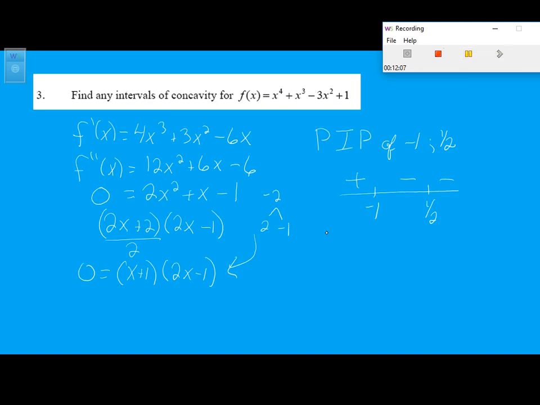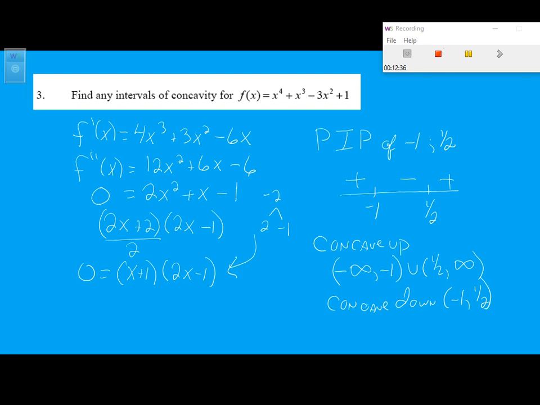So it looks like my intervals of concavity: we're concave up from negative infinity to negative 1, along with 1/2 to infinity, and we're going to be concave down on the other, negative 1 to 1/2. So guys, there's the intervals of concavity.